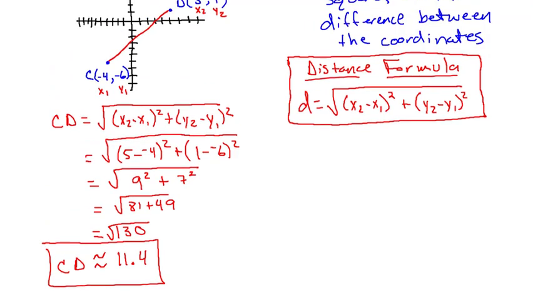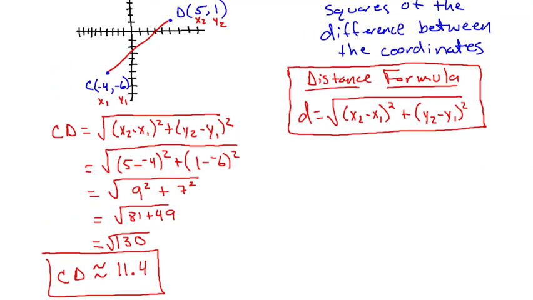Now, if you don't believe that, or you need to check it, you can go back up to the graph, back up to our picture, and we can add some little lines like this, little line segments. Notice I'm making them dotted because they aren't part of my picture. These are called auxiliary lines that I'm adding to my picture.